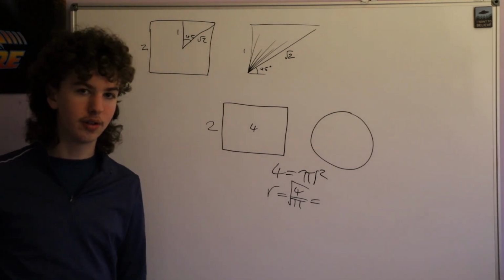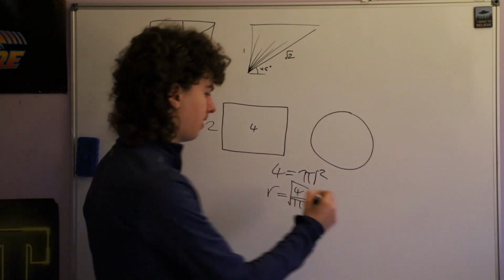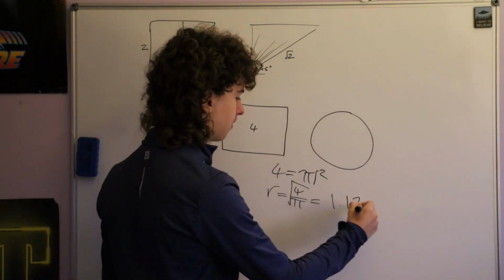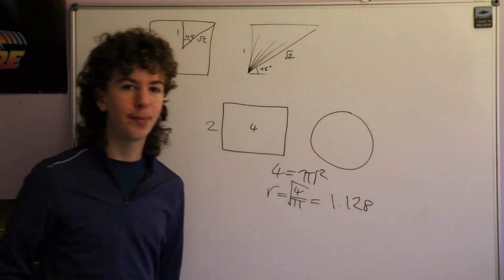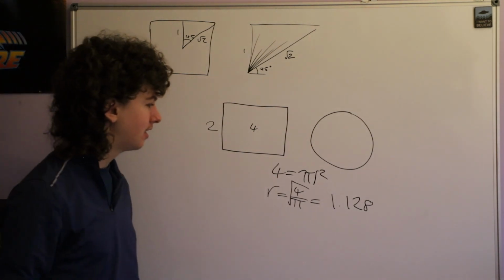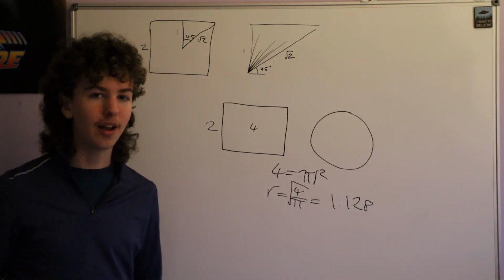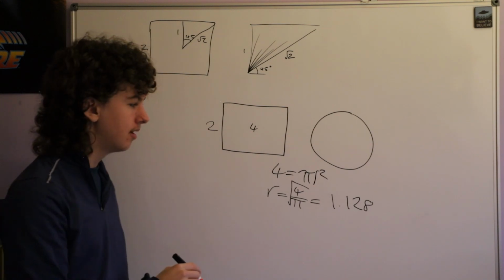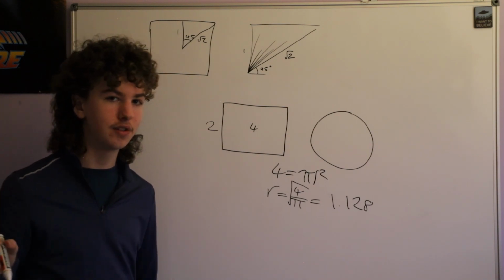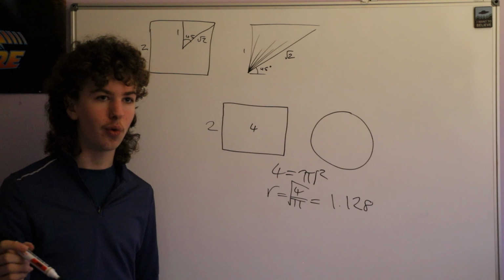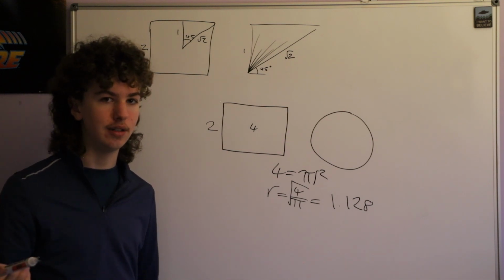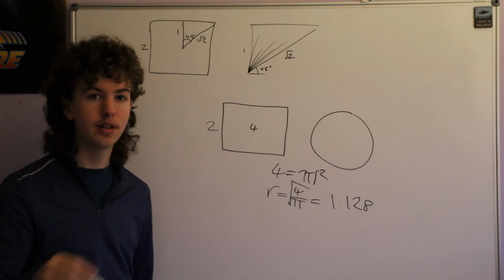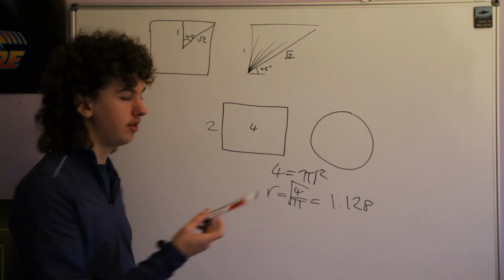And lo and behold, what does this value equal? It's 1.128, which is incredibly close. They're not exactly the same, but it's incredibly close to our value before for the average distance or mean distance from the centre of the square to the edge.